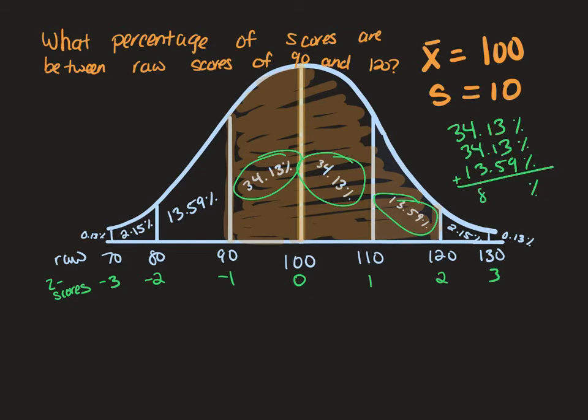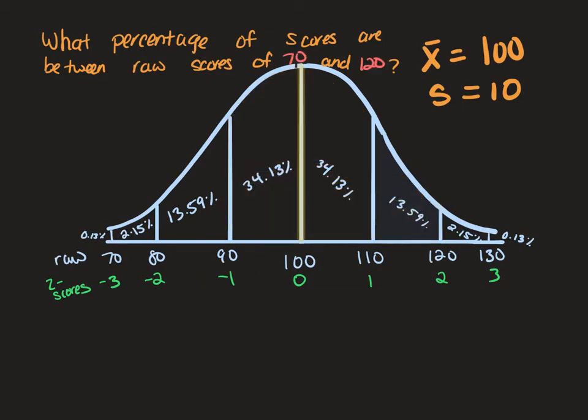When I do that, I get 81.85%. That means the percentage that corresponds to a z-score from -1 to 2 is also 81.85% because the raw scores correspond to specific z-scores. Now try it again with these two new raw scores of 70 and 120.